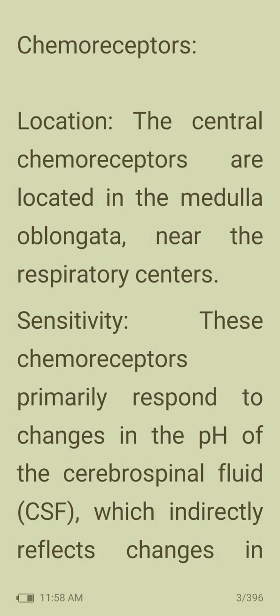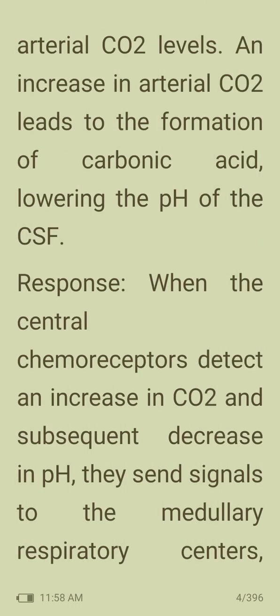Central chemoreceptors: location. The central chemoreceptors are located in the medulla oblongata near the respiratory centers. Their sensitivity: these chemoreceptors primarily respond to changes in the pH of the cerebrospinal fluid, which indirectly reflects changes in arterial CO2 levels.